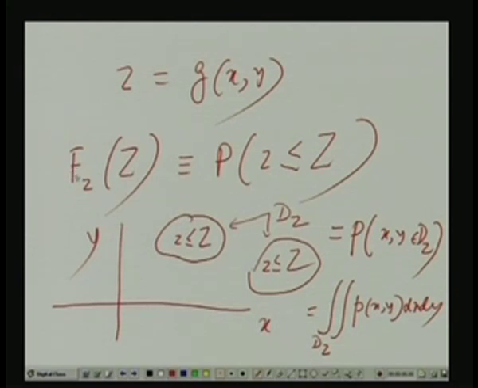This was the probability distribution of z. How about the probability density of z?